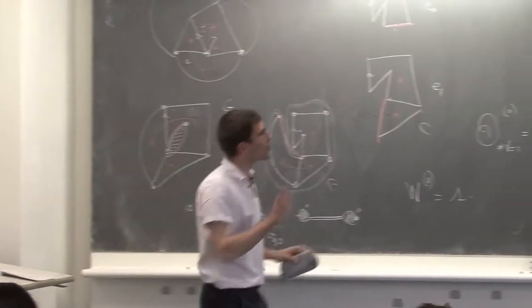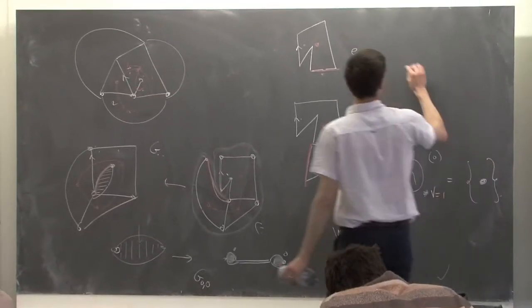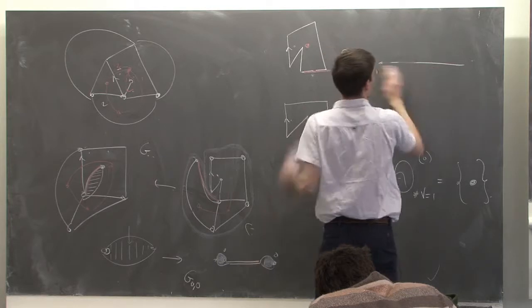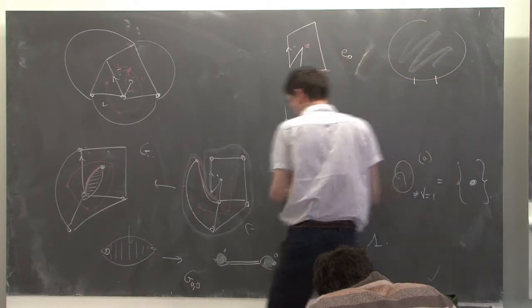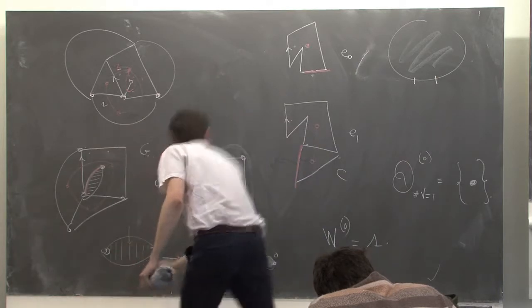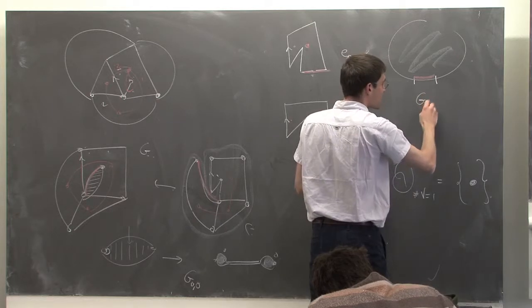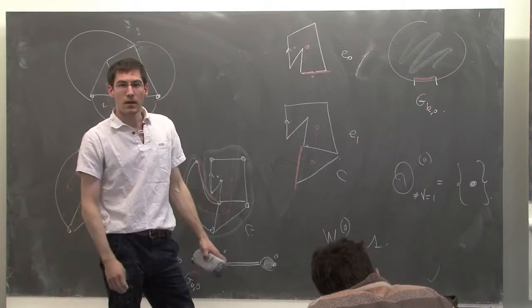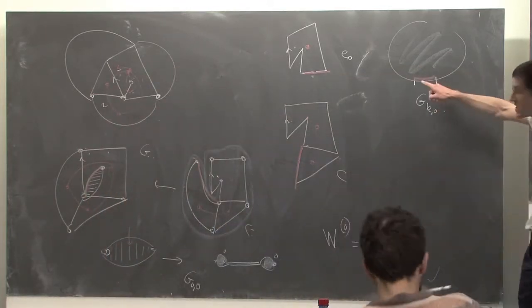Let me show you another event that will pop up very often. Imagine that my hole is here, and I want to peel this edge, and assume that I have an event of type GK0 happening. So with my notation, what is the drawing for an event GK0?